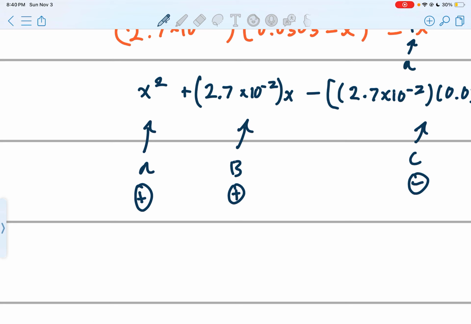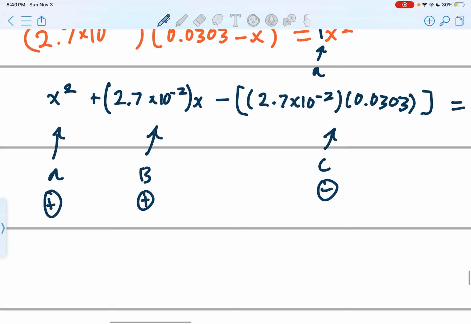So my calculator is prompting me for the A value once I set it up, so I give it 1. The B value will be 2.7 times 10 to the power of -2. And my C value would be negative 2.7 times 10 to the power of -2 times 0.0303.